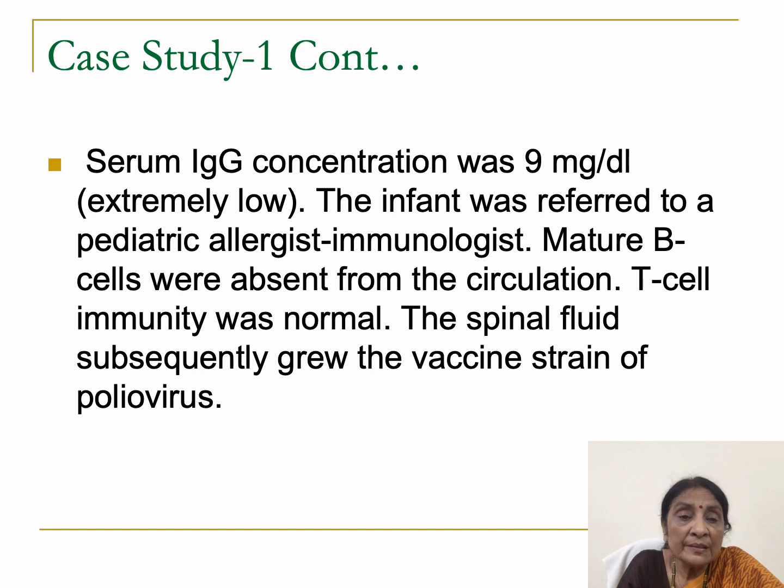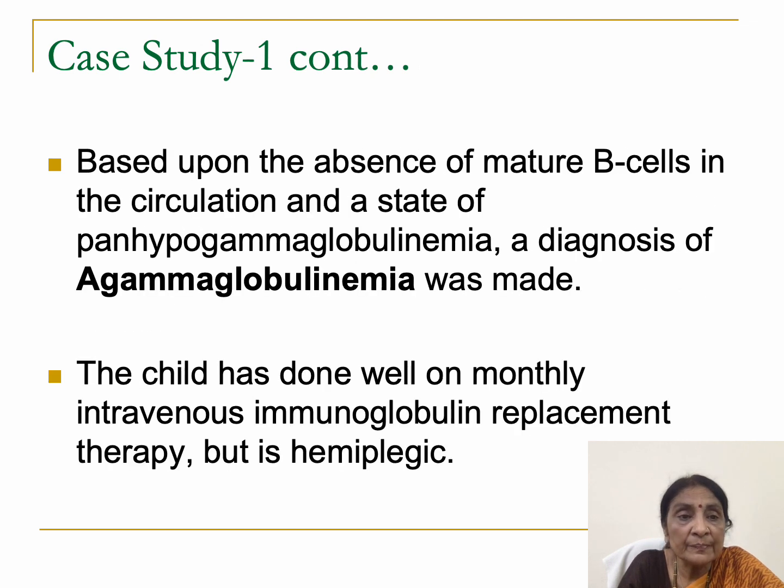Serum IgG levels were done and the concentration was very low, 9 mg per deciliter. Infant was referred to a pediatric allergist immunologist. Mature B cells were absent from circulation. T cell immunity was normal. Spinal fluid subsequently grew vaccine strain of poliovirus.